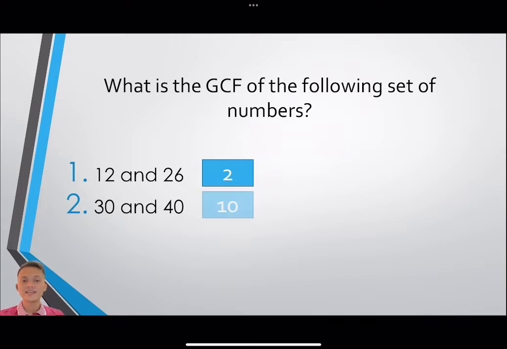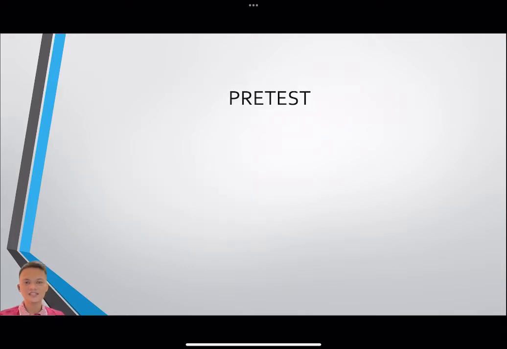That is 10. How about 16, 4, and 8? The GCF is 4. Now, let us first take your pretest.